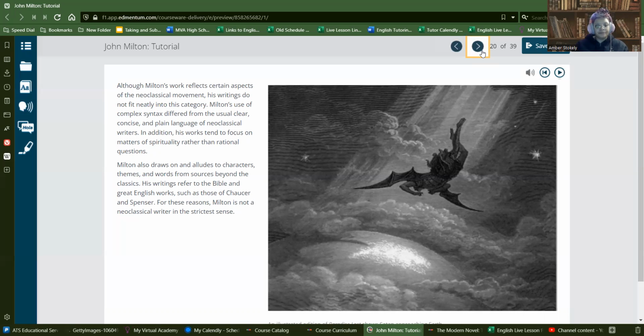So basically, he was not a neoclassical writer in the strictest sense, just because he was influenced by so many things. Yes, a lot of his writings had the hallmarks of neoclassical writings, but since he was in the very beginning of the movement, he was able to be influenced by his education, by his religion, and that made his writing a little different.